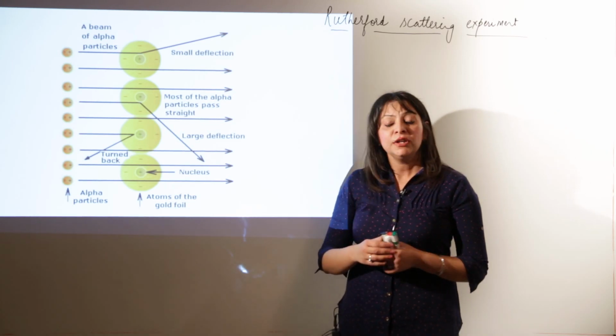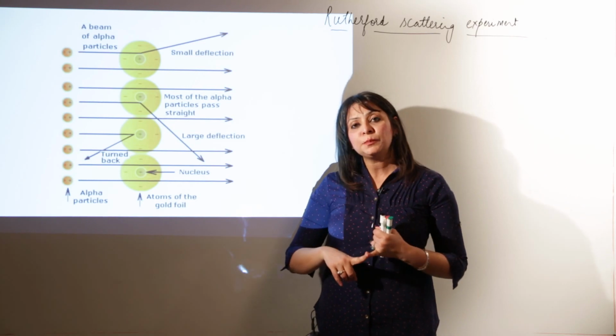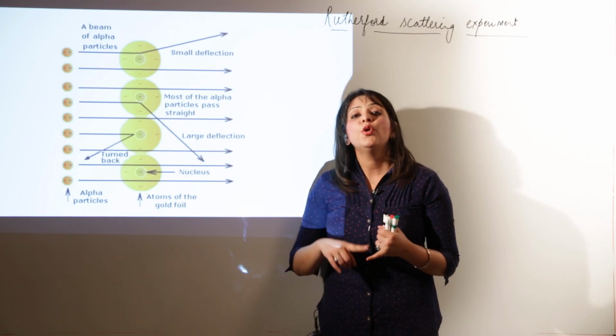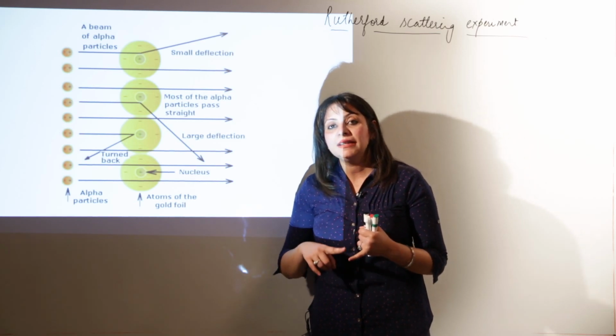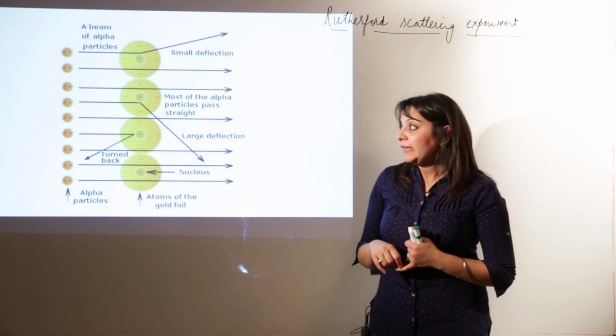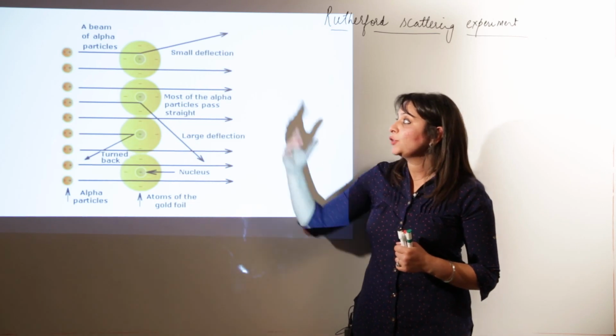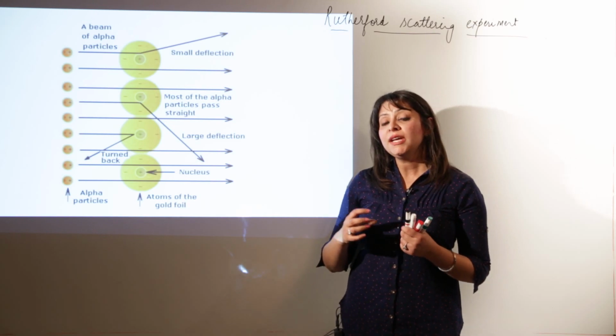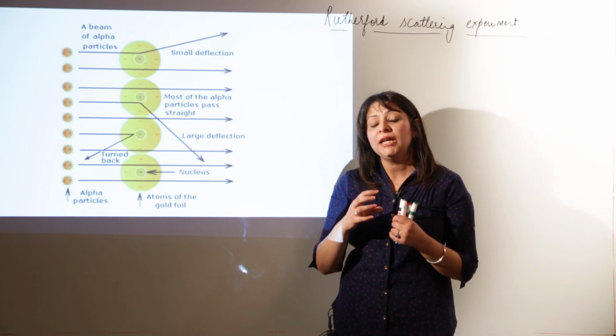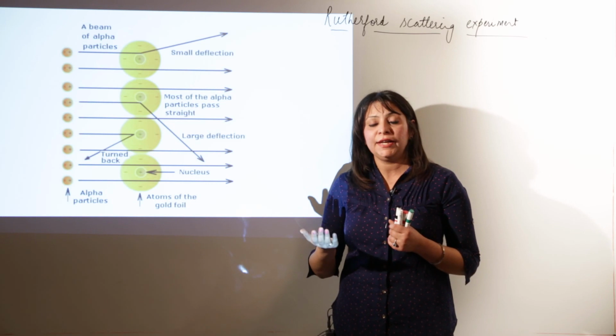Because the maximum of the rays pass straight, that means most of the space in the atom is empty. I repeat, most of the space in the atom is empty.